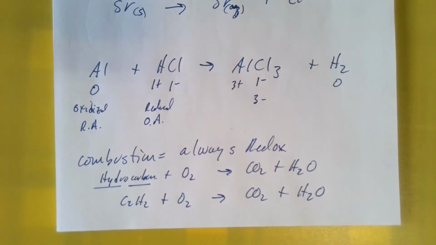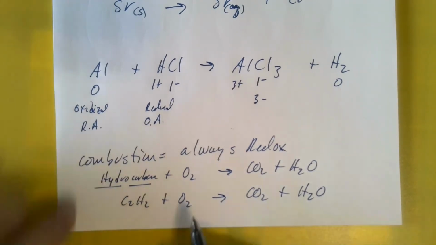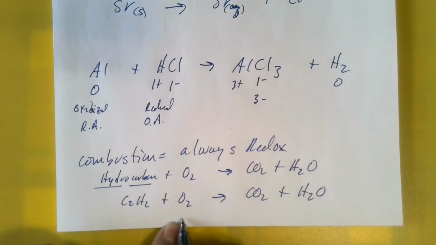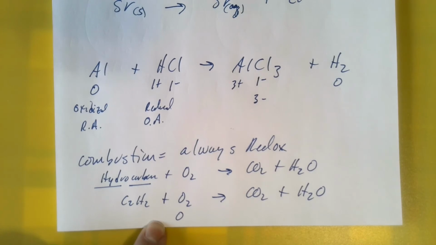Now look, O2 is one of those diatomics. So what is its oxidation number? It's a 0. No matter what, it's a 0. Okay? Over here, each one of these spots is the same.